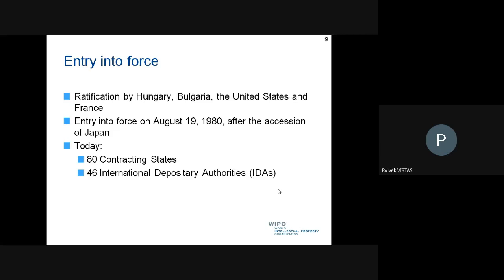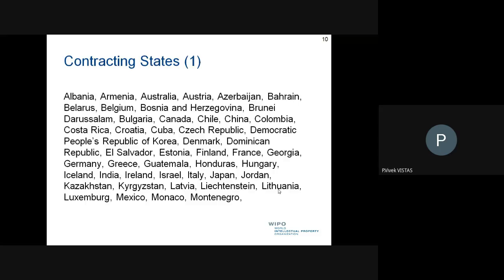What is this? International depository authorities are there. The idea is that international depository authorities exist under the Budapest Treaty. These are examples of the 80 contracting states.